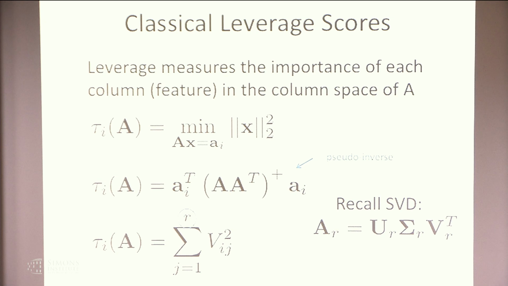So you're measuring the length of your columns with respect to this norm given by the A transpose A of your complete matrix and its inverse or pseudo-inverse if A is not full rank.